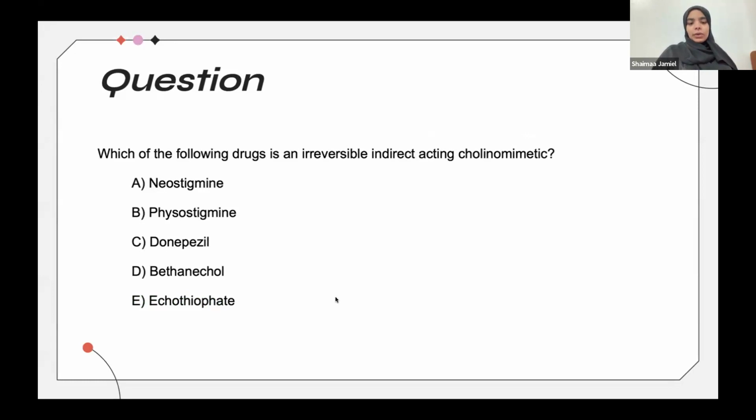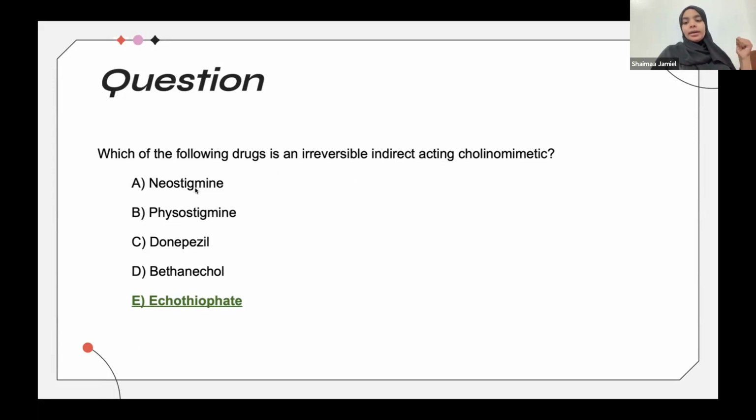Okay. So the answer is E. Neostigmine, physostigmine, donepezil, galantamine, rivastigmine, they're all reversible, indirect acting. Ecothiopate and nerve gas or sarin or organophosphates, these are the ones that are irreversible, indirect acting.